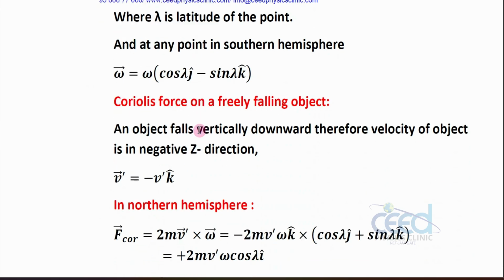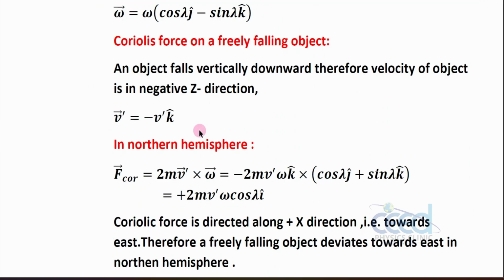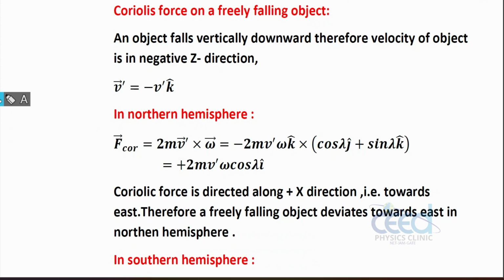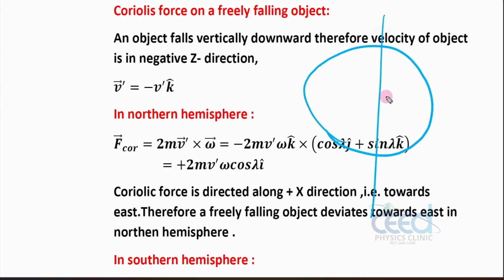All right, now we find the Coriolis force acting on a freely falling object. Freely falling means, on the earth surface, suppose one object is here, its velocity is downward, so we write minus v k cap. The top, upward direction is k cap. Then here we put 2m v dash cross omega.